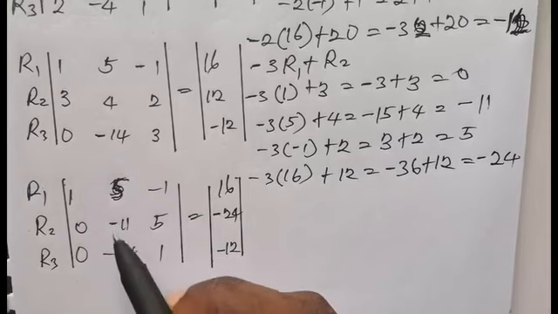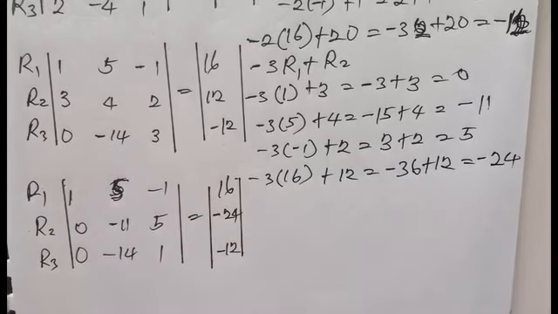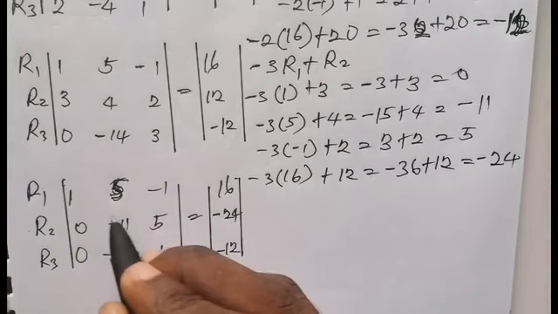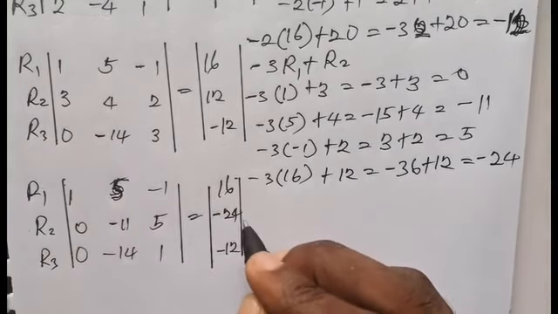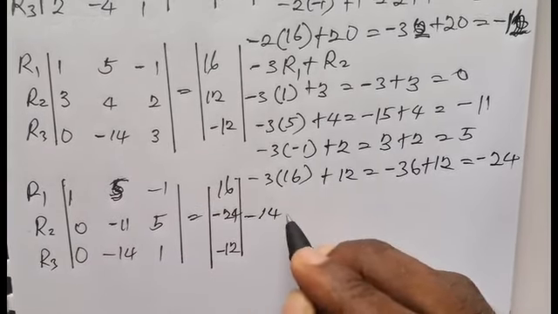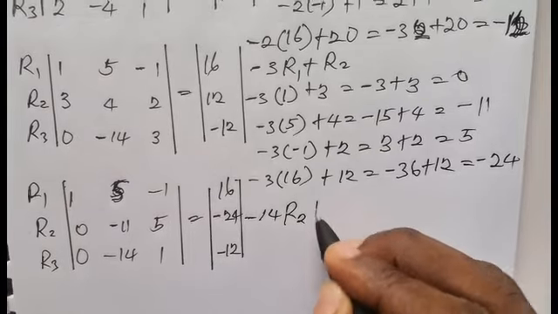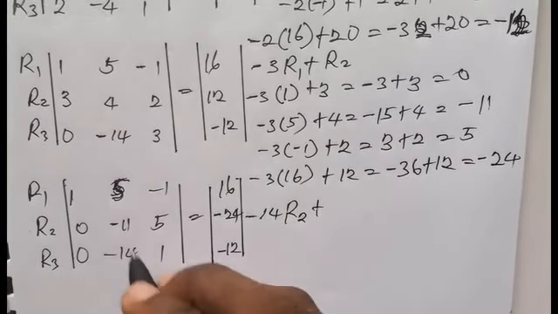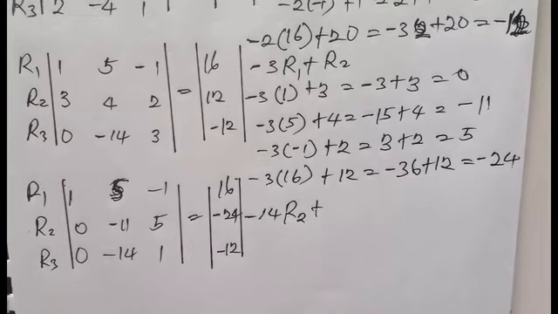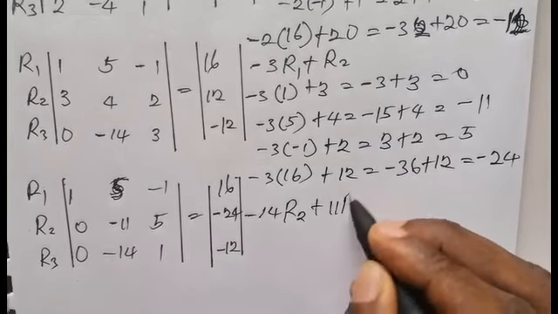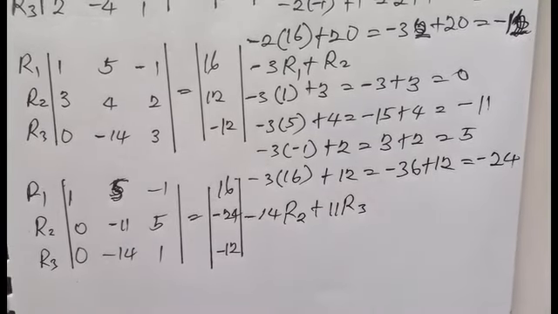Whenever I add the positive and negative together, it's going to cancel out. So I am multiplying row 2 by -14, so -14 row 2, plus, now I am multiplying row 3 by +11, so 11 row 3. So let's do this and see.